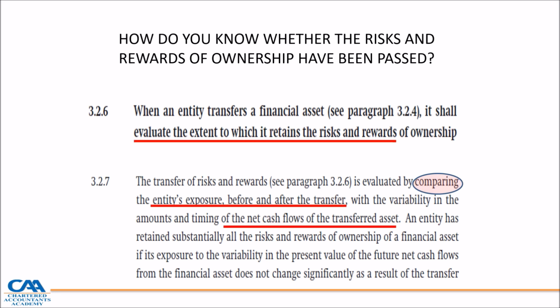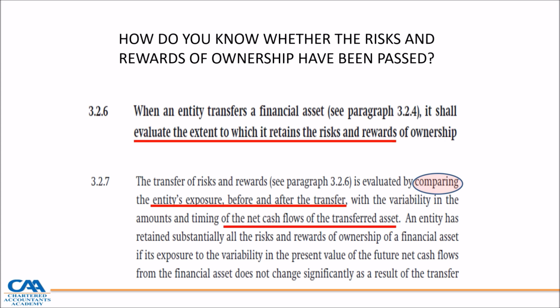And then the transfer of risks and rewards is evaluated by comparing the entity's exposure before and after the transfer, with the variability in the amount and timing of the net cash flows of the transferred asset. So remember, with your risk, you're exposed to a decrease or loss in potential cash flows, and with your rewards, you have a right to an increase or decrease in potential cash flows.